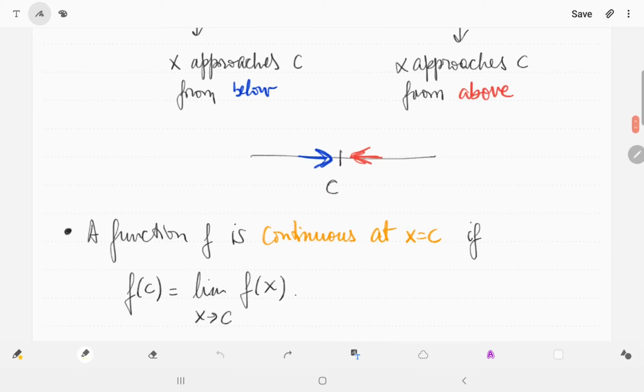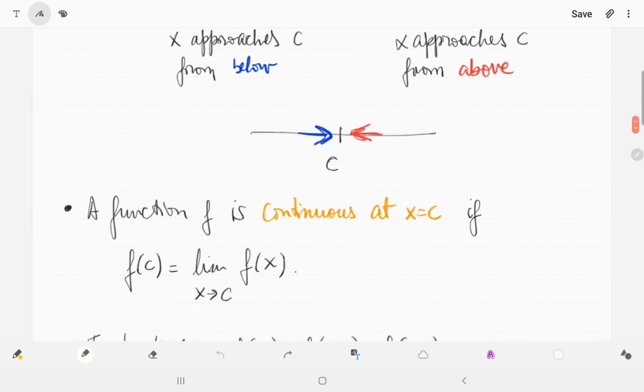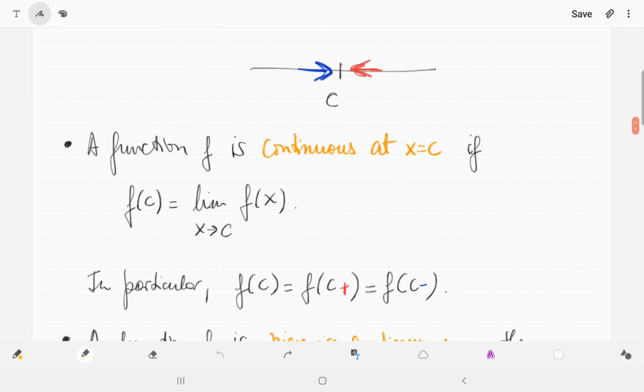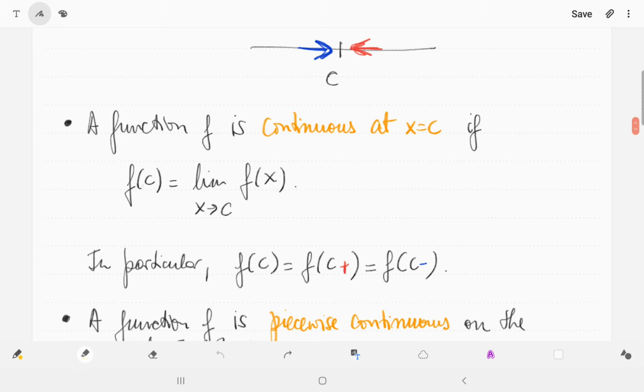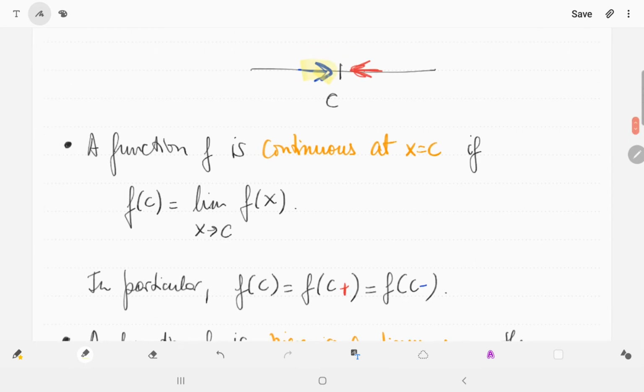Okay, so a function f is continuous at C if we have that this limit is equal to f at C. This in particular means that these two limits that we just defined here, the left and the right limits, coincide, and also coincide with this value, f of C, which is written here.